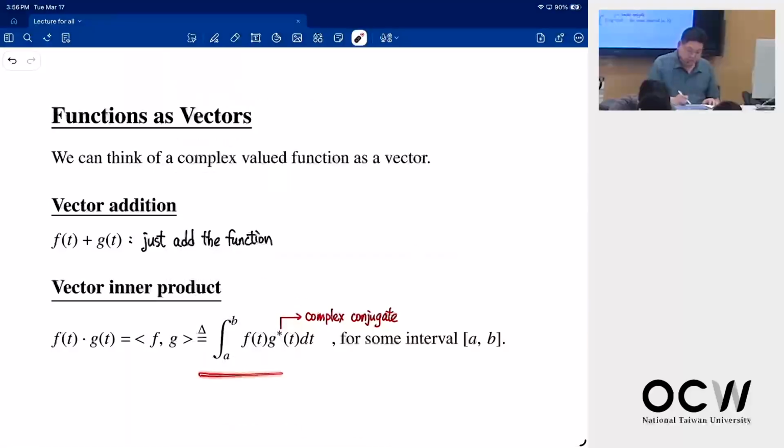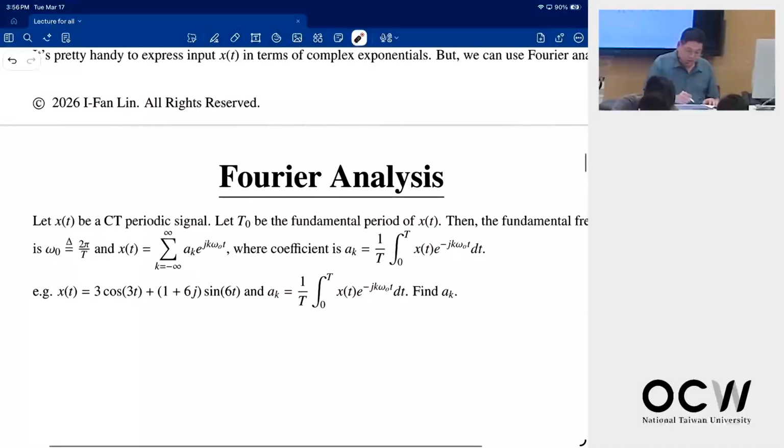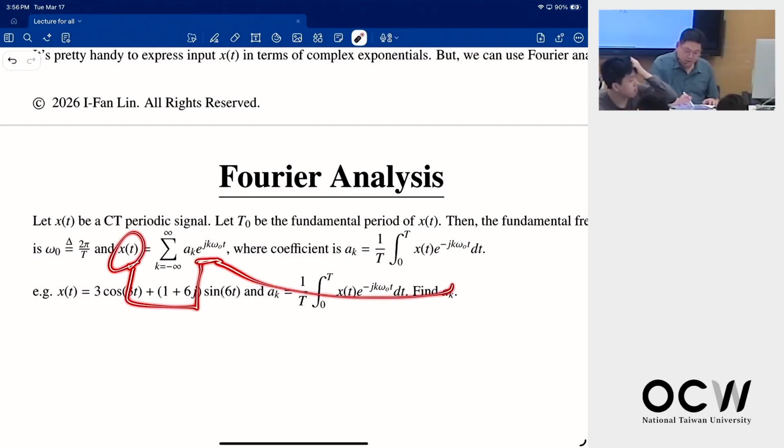See, the inner product will be the integration and doing the conjugate. So here we do the integration and the conjugate. So x times here, doing the conjugate, and that's why we have the minus psi.